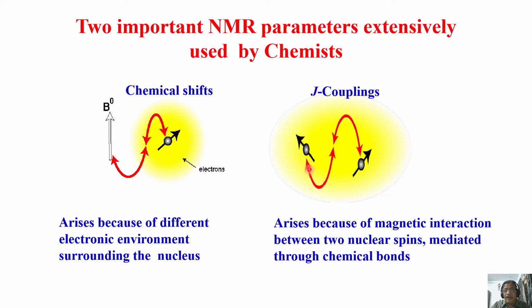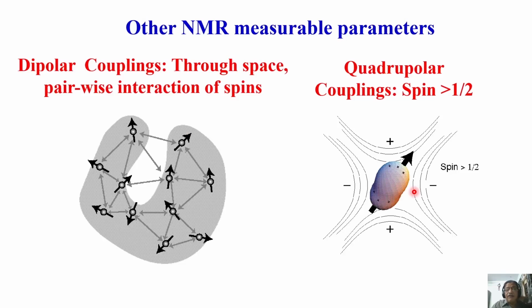And this J coupling again, there is a magnetic field because of the electrons surrounding it through bond. This goes through bond and finally goes to this. This arises because of magnetic interaction between two nuclear spins mediated through covalent bond. Remember this. And there are other measurable parameters I told you.